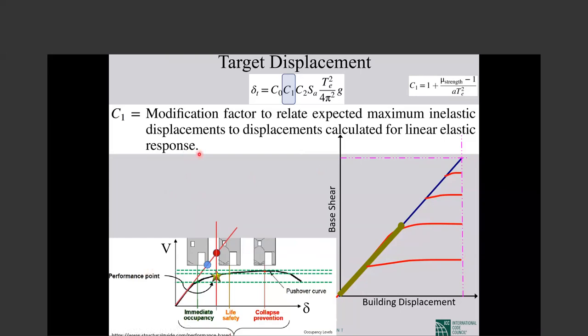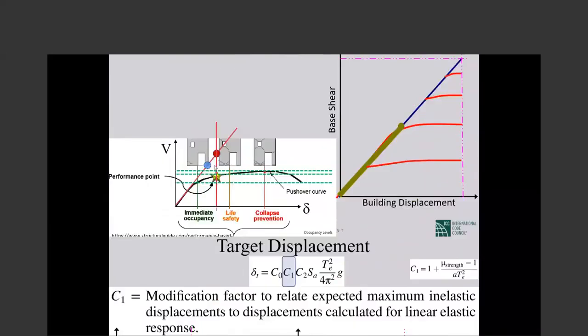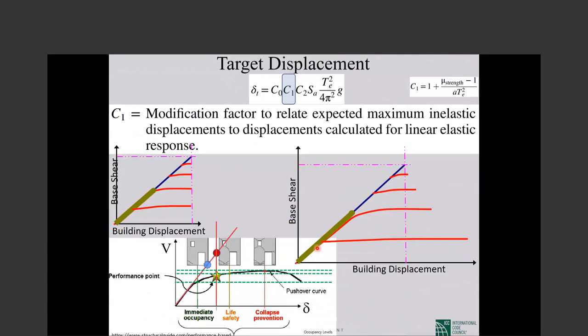But for short, stiff buildings, unfortunately, the equal displacement rule is not there, and if you reduce the strength, you get increased displacement.